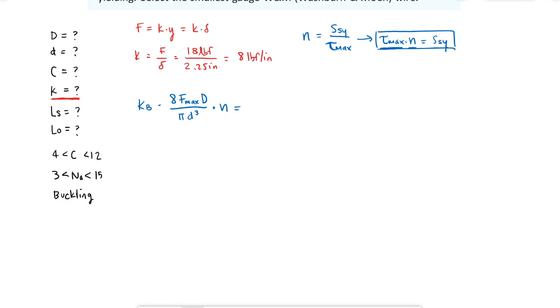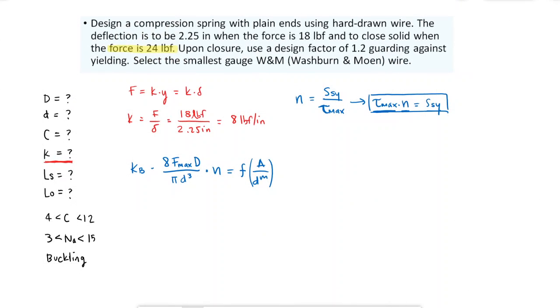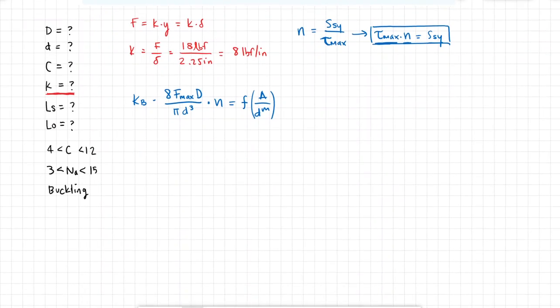And for that I'm going to have a fraction of the ultimate strength, and the ultimate strength is given by A over d to the m. So the ultimate strength is a function of the diameter, and that's one of the things that I'm going to choose for my design. The A and m coefficients depend on the material that I'm using. For this one, it's telling me that I have a hard drawn wire. So we'll look at those in just a second.